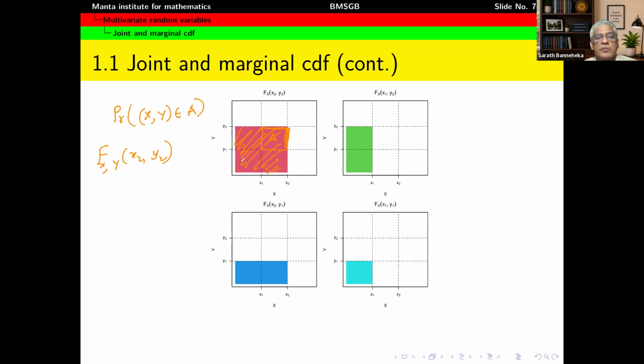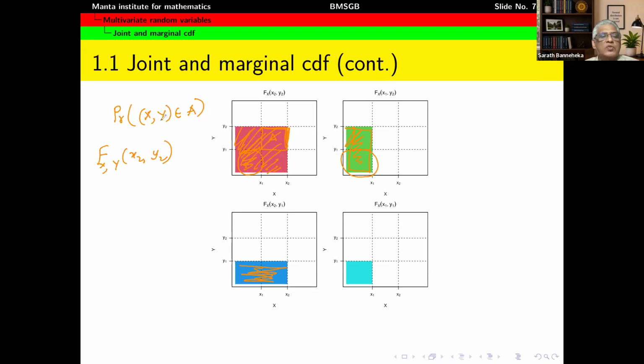Then subtract from that this area, right? Subtract this area, and then also subtract this area. Then you can see that this area will be subtracted twice, right? So you have to add that once. That's why you have this particular expression.